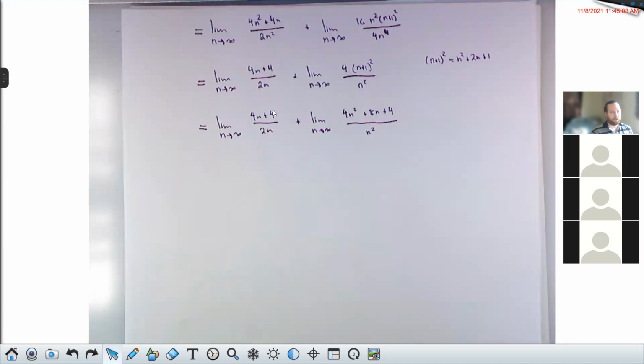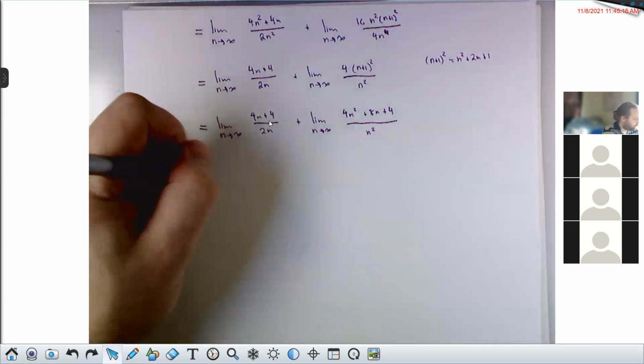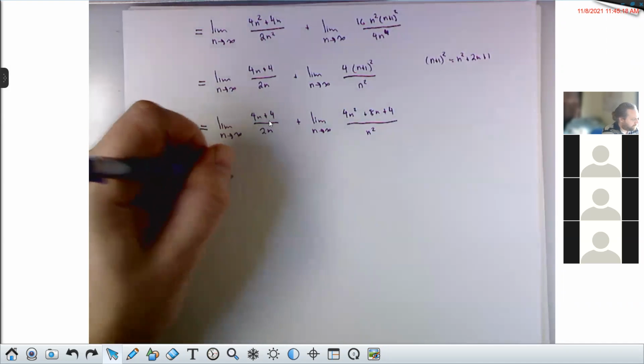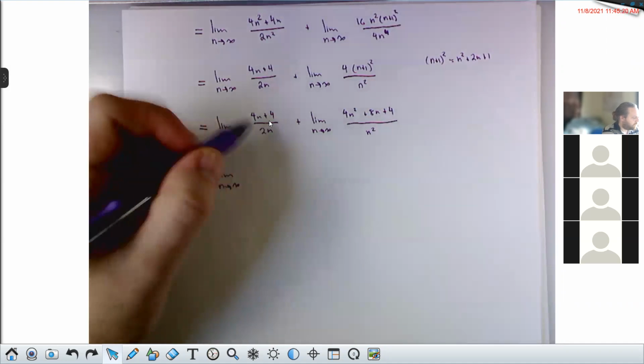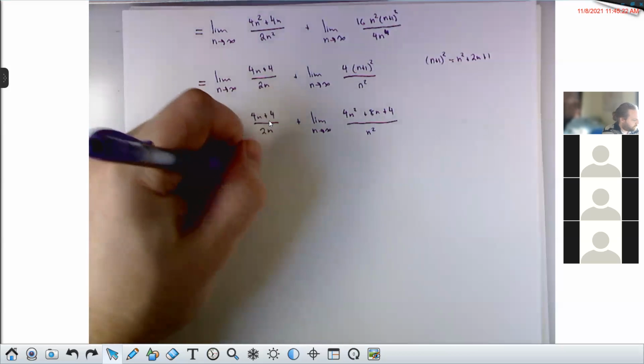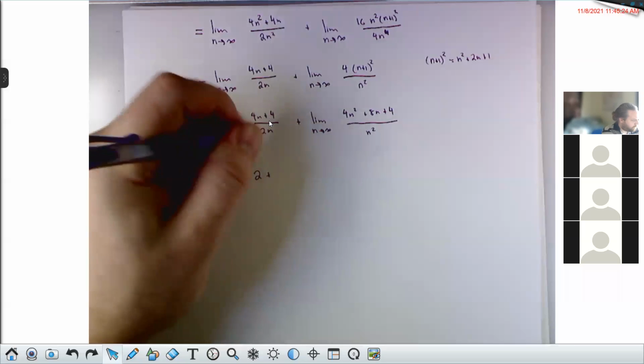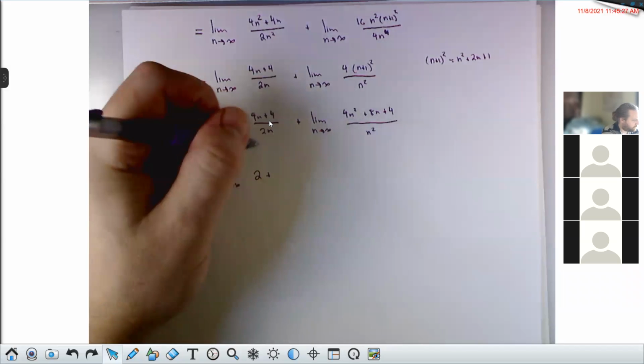All right. Now each of these, I can take the limit of. You could again use L'Hopital's rule. The top and bottom are both going to infinity, but you really don't need to because the algebra has actually become super clean. If I do one more simplification step here, 4n over 2n is 2, and then 4 over 2n is 2 over n.